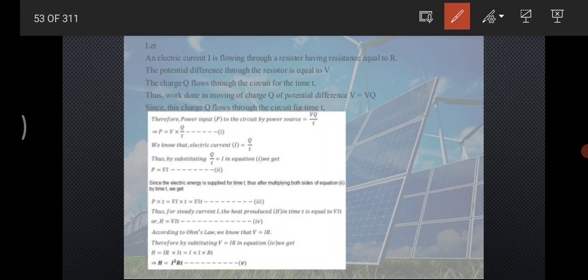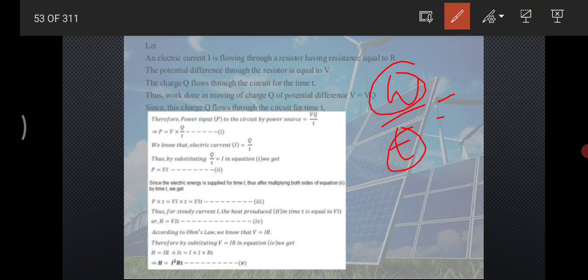Now using this V into Q, we are going to find the power. Work done per unit time is the rate of consumption of energy, called power.